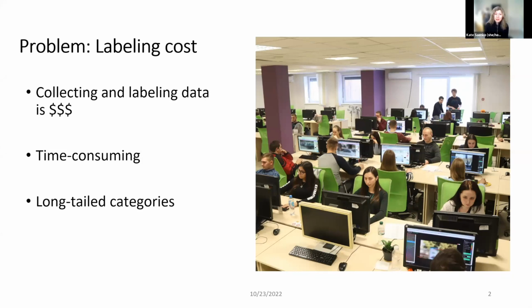But the reality is that collecting and labeling data is very costly. It's costly in terms of money, it's costly in terms of time, sometimes not possible because our categories are very long-tailed, so it's just very hard to find the right data to label, or maybe the data is private. So there are all kinds of issues around getting enough data sets.